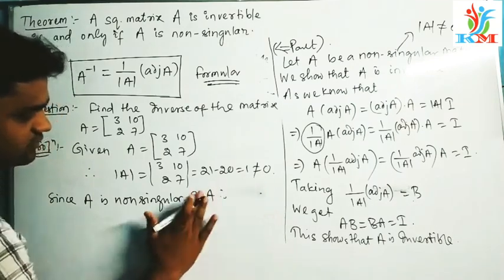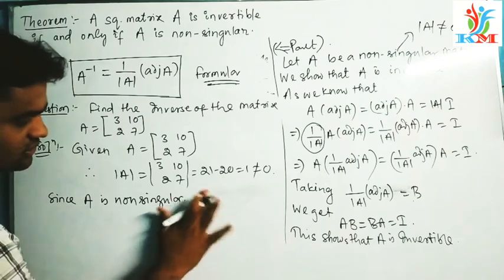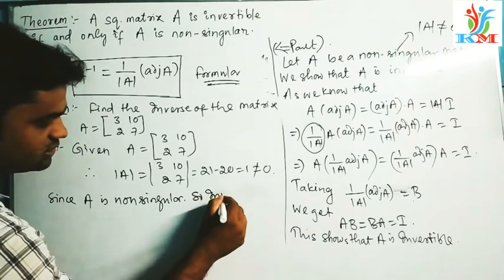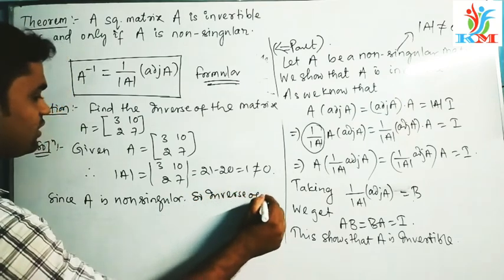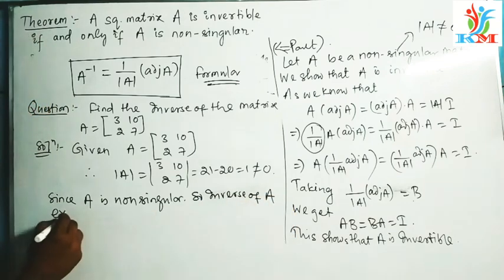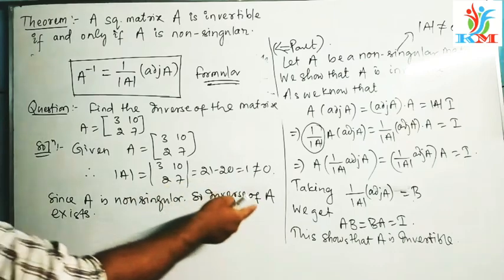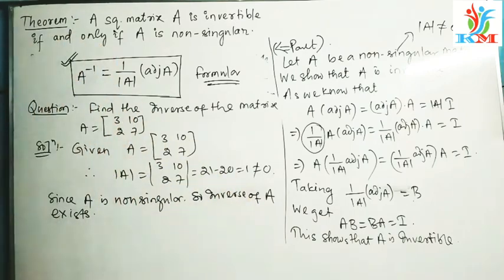That means, or we can write that, the inverse of A exists. So now we can find the inverse of A by using this formula.